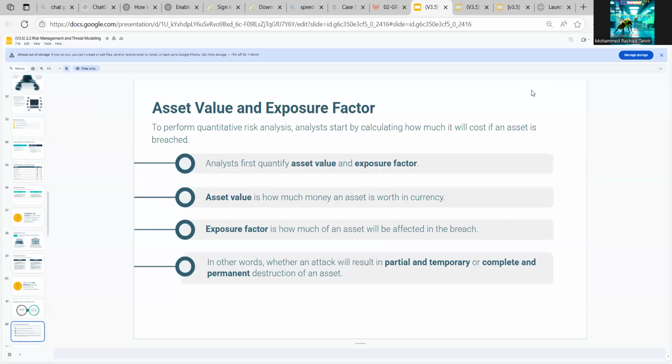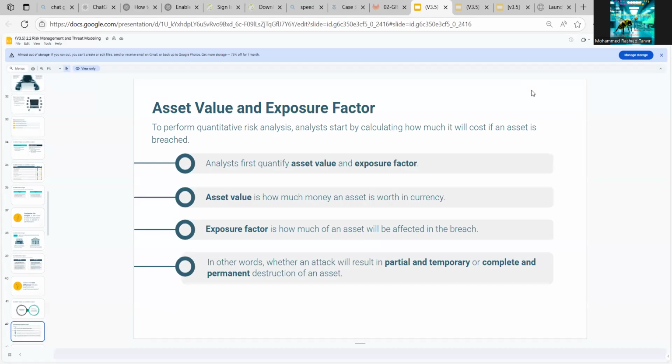Asset value and exposure factor. This question is very important; maybe 2 or 3 questions will come in the Security Plus exam. In order to perform quantitative risk analysis, analysts start by calculating how much it costs if an asset is breached. To calculate this, they first quantify asset value and exposure factor.